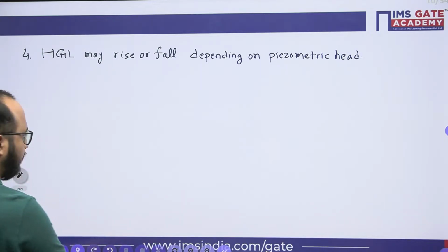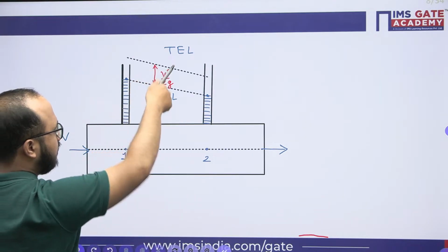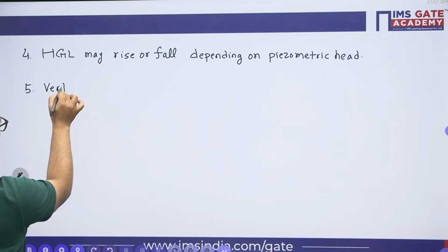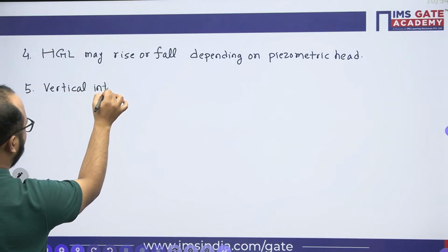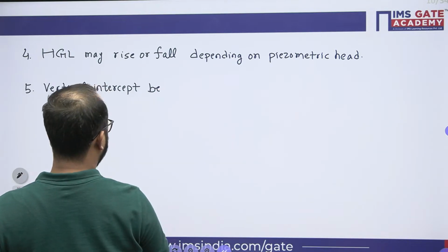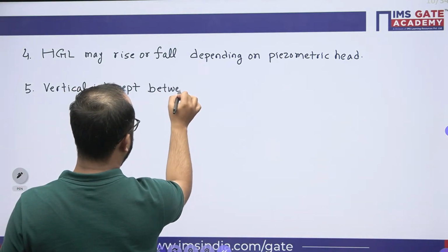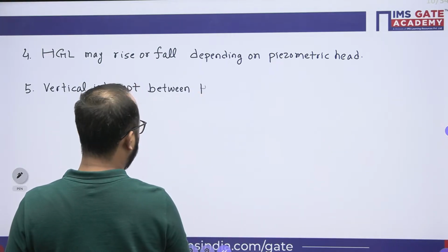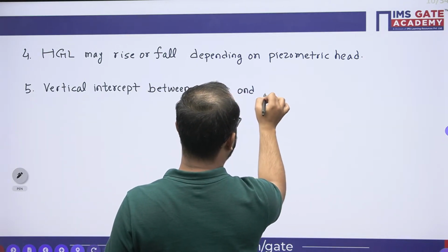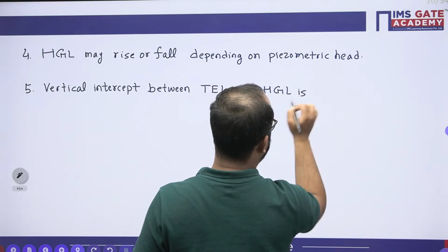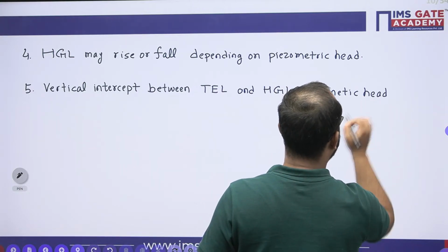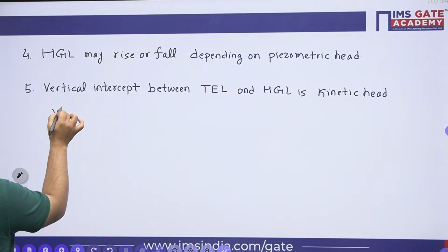And one more thing, the observation from the previous diagram, the vertical intercept between TEL and HGL is kinetic head, which is V square by 2g.